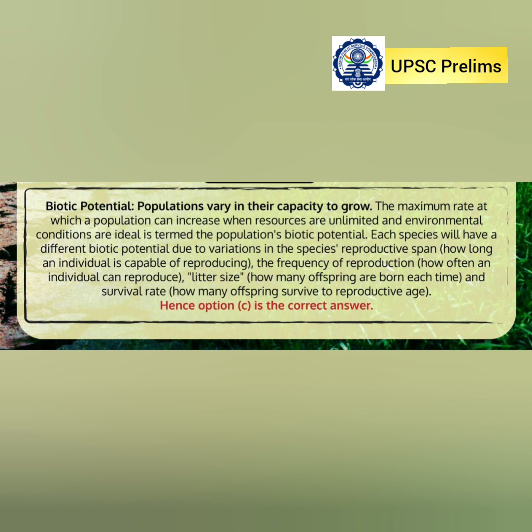Reproductive span, it is how long an individual is capable of reproducing. The frequency of reproduction, how often an individual can reproduce. Litter size, how many offspring are born each time, and survival rate also. It is how many offspring survive to reproductive age. Hence option C is the correct answer.